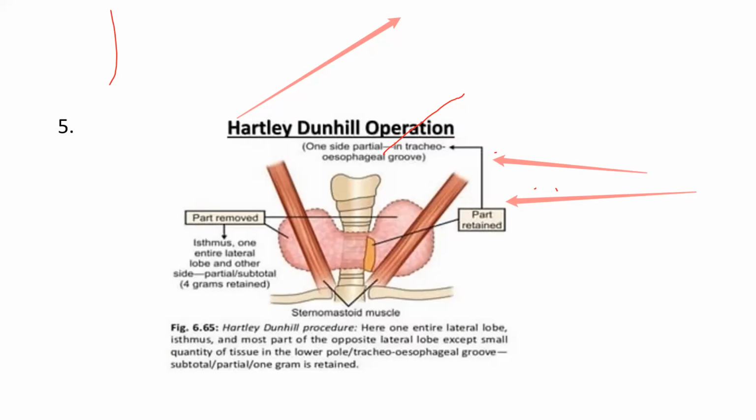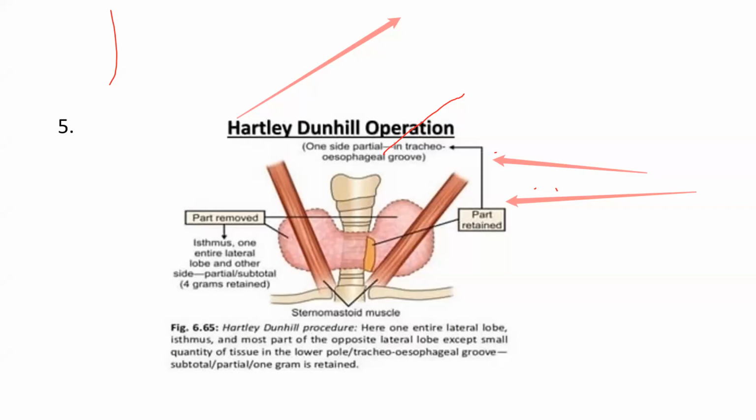When you are asked about thyroidectomy, now people are either doing lobectomy or total thyroidectomy. The old concept of subtotal thyroidectomy and near total thyroidectomy are not usually done nowadays. These are all previous historically important operations, like Dunhill operation. The classical operations we do now are lobectomy or total thyroidectomy.